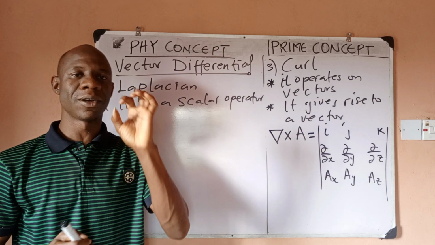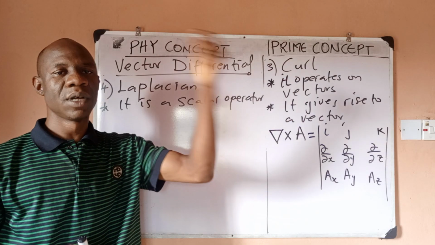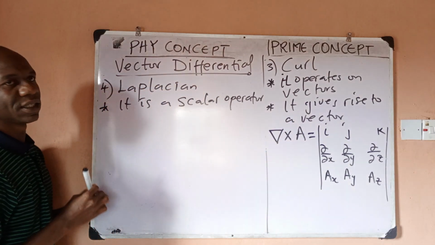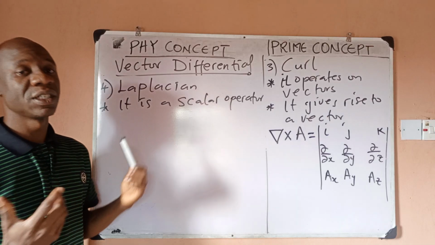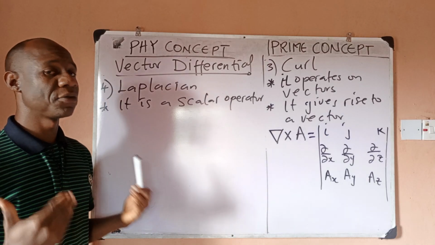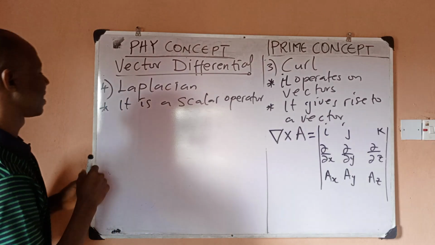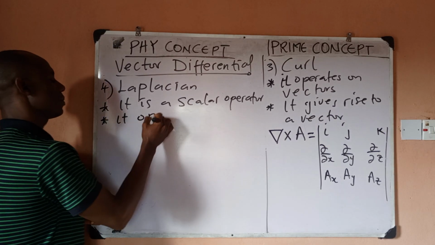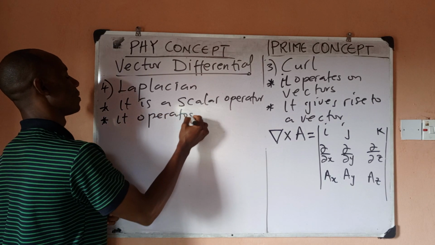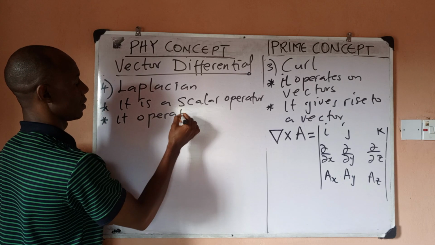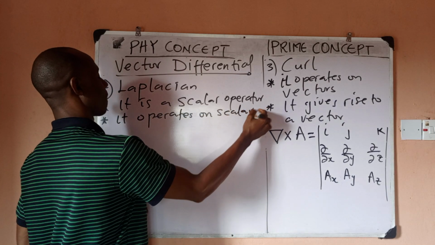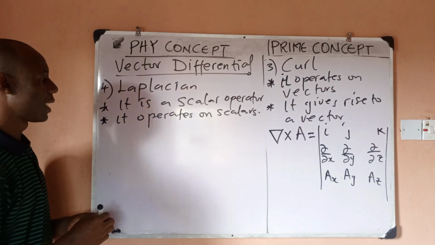Unlike our del operator that is a vector operator, the Laplacian is a scalar operator. And when it operates, it usually operates on scalars, even though it can operate on vectors sometimes, but it predominantly operates on scalars.